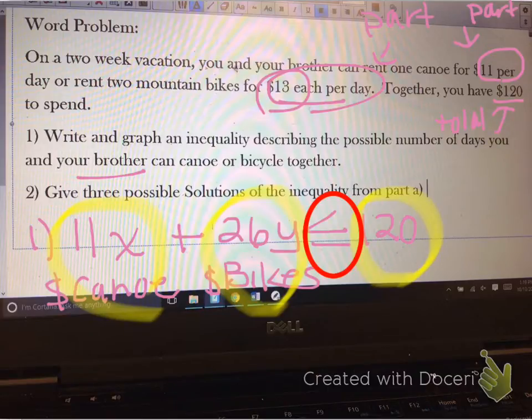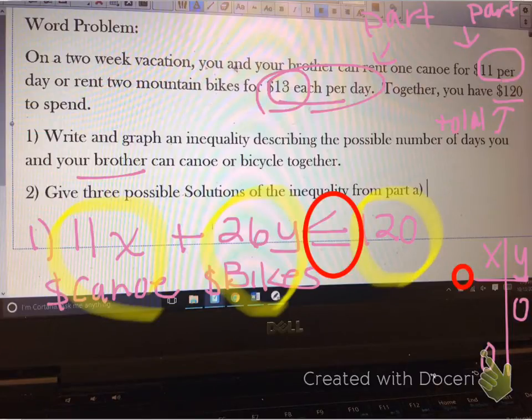So I'm going to make my table. X, Y, 0, 0. I'm going to take 120 and divide by 11. Why am I doing that?